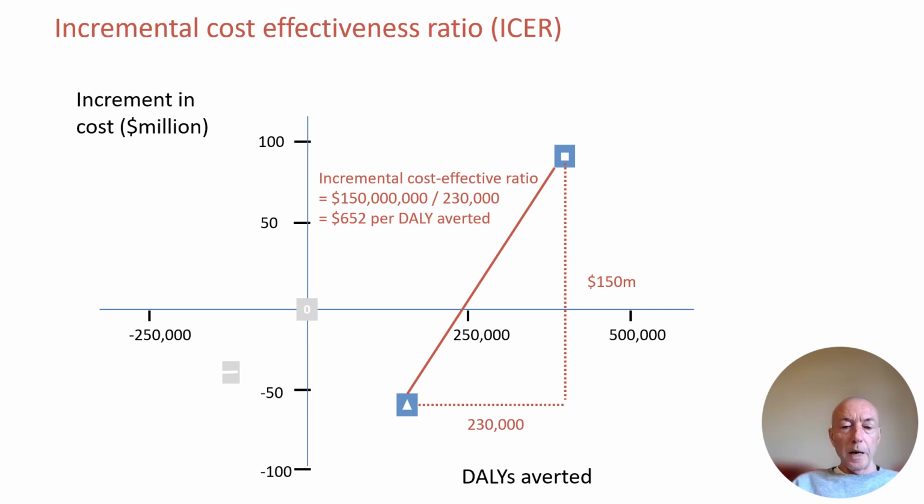So if we draw the line between the two policies, the policy with a square results in 150 million greater costs, but results in 230,000 extra DALYs averted. So the incremental cost effectiveness ratio is 150 million divided by 230,000. So that comes to $652 in this instance per DALY averted. So that is our ICER, $652.